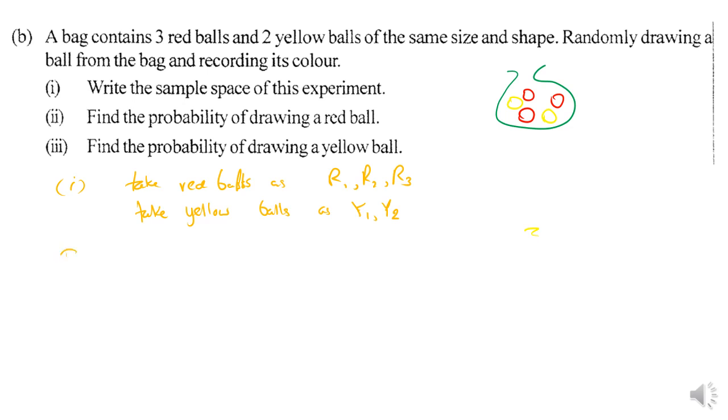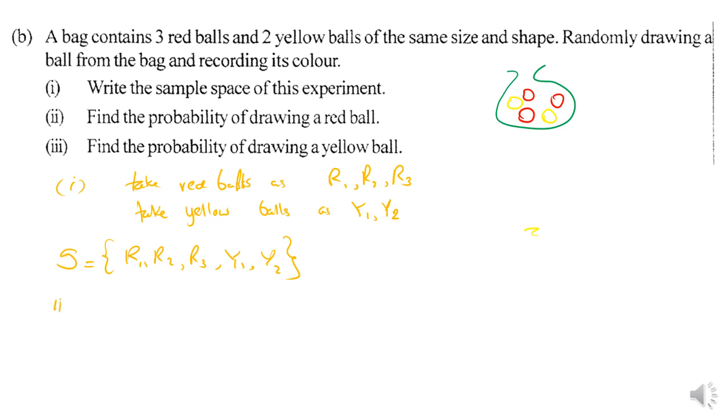Then the sample space S is equal to R1, R2, R3, Y1, Y2. These are all the possible things that can happen when we draw one ball randomly, right?